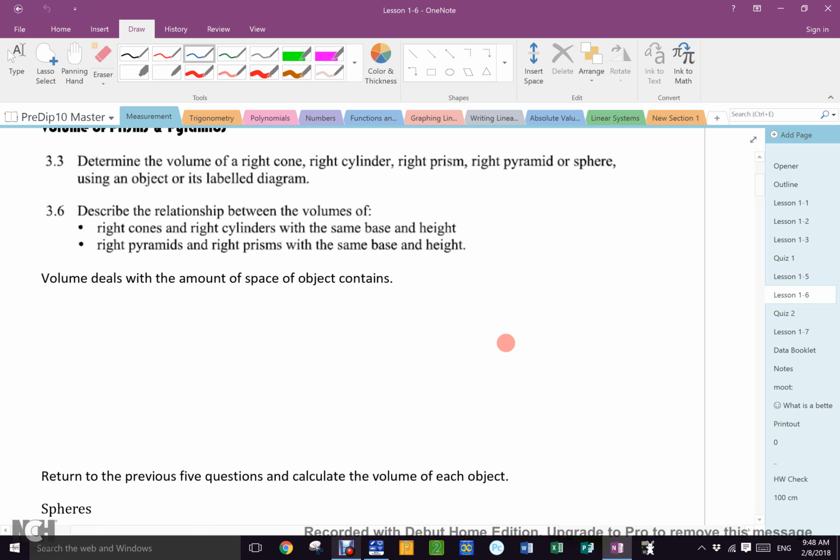Volume we usually reserve for solids. Capacity, I shouldn't have said solids. Containers or solids? I shouldn't have said solids. Volume, capacity we use for filling empty stuff.